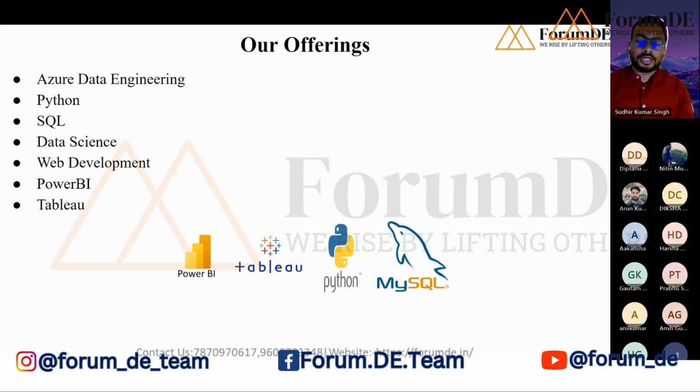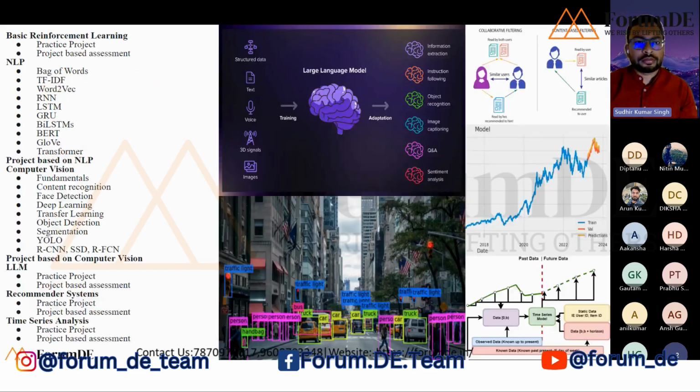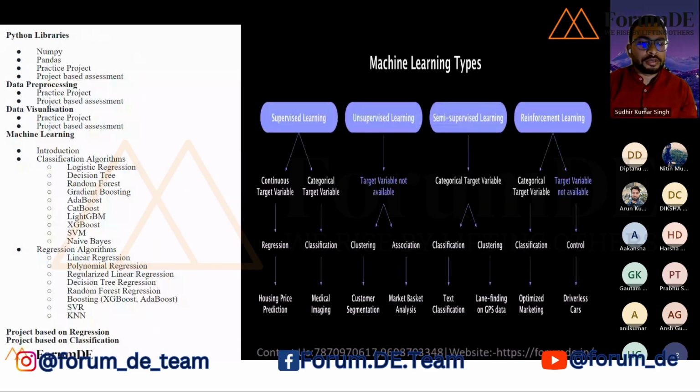Okay, so let's start. For the first project, I will not be going with projects related to Python library data pre-processing. I will go with machine learning projects, covering classification based projects.